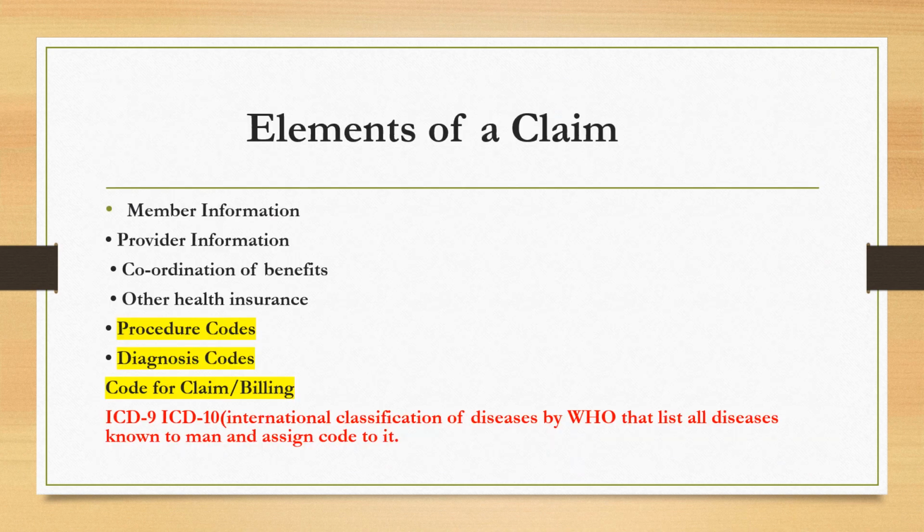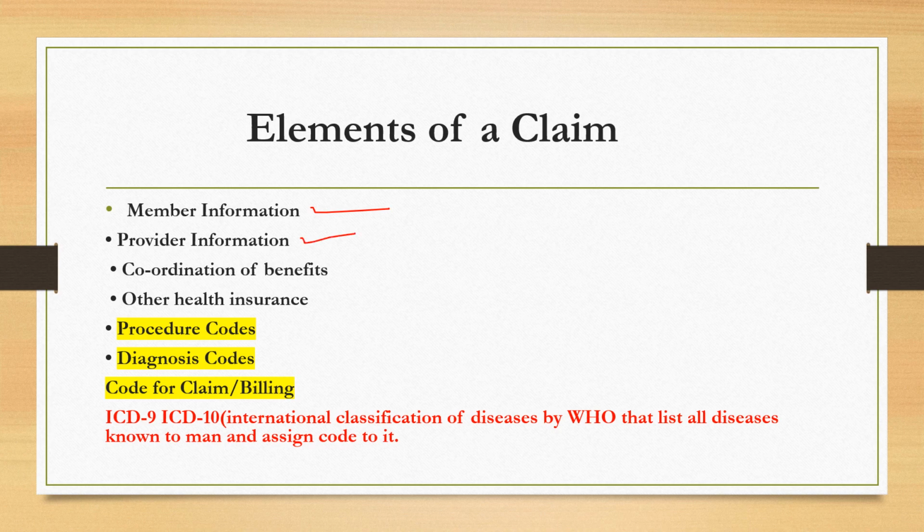So elements of a claim, there are a few important elements you need to know. Member information, definitely. When you visit the doctor for the first time, you need to write your social security, your name, your last name, your date of birth, and if you have any allergies, past surgeries, everything needs to be there.